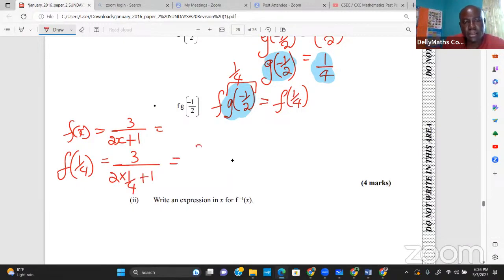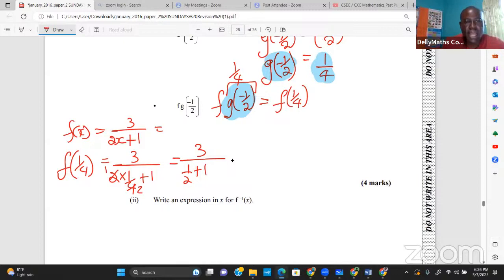So let's go again. 3 over, let's cancel, all right? 2 into itself, 1, 2 into this 4, so we end up with a half. Underneath, you have a half plus 1, right?